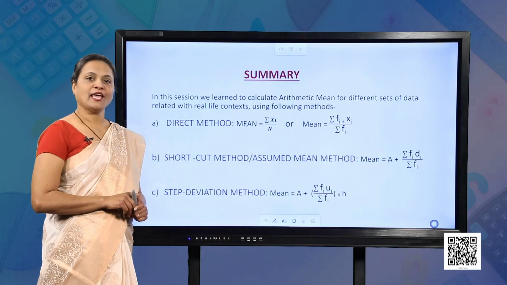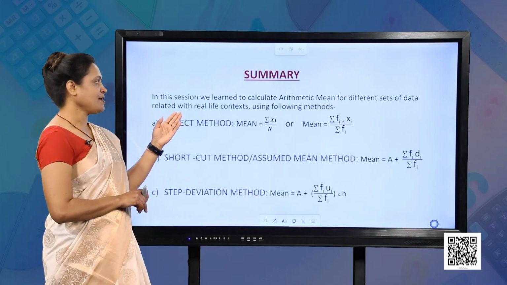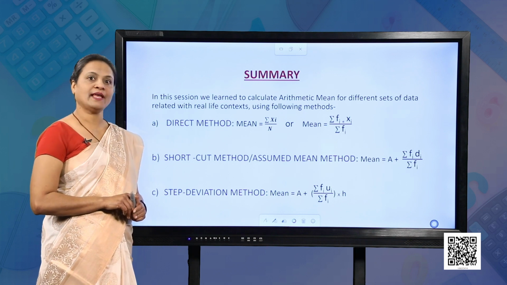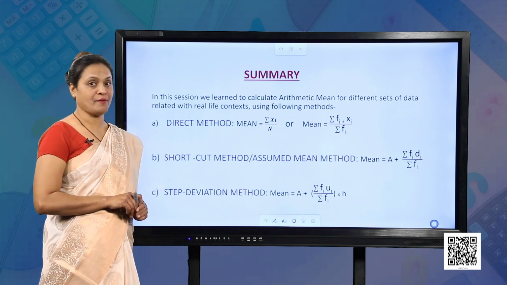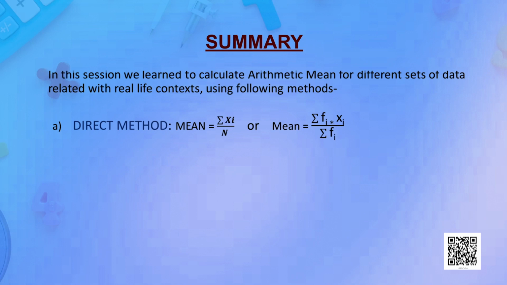So, students, in today's session, we learnt how to calculate mean using three different methods. The first method was direct method, in which we use two formulas, mean is equal to sigma xi upon n or mean is equal to sigma fi xi upon sigma fi, depending on the type of distribution given to us.